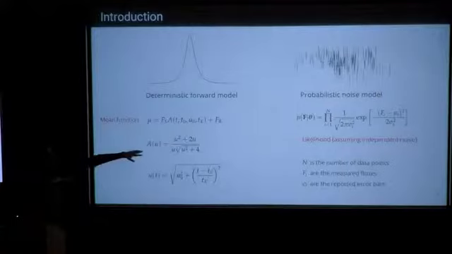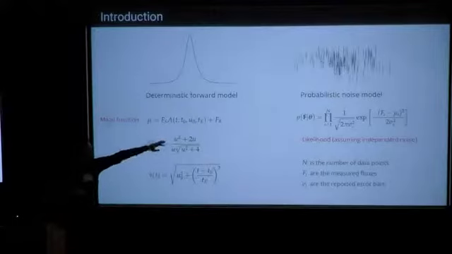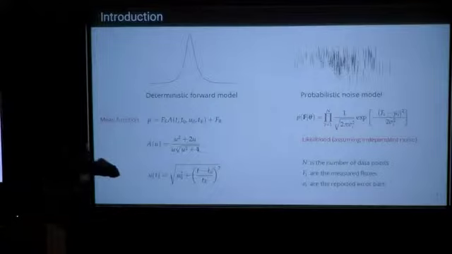So the noise model is called the likelihood function, and it is the probability for the data, so the observed fluxes, given the model parameters, theta. The simplest thing that we assume in microlensing is that the noise model is simple Gaussian white noise, which means that it's just a product of Gaussians going from 1 to n, where n is the number of data points.